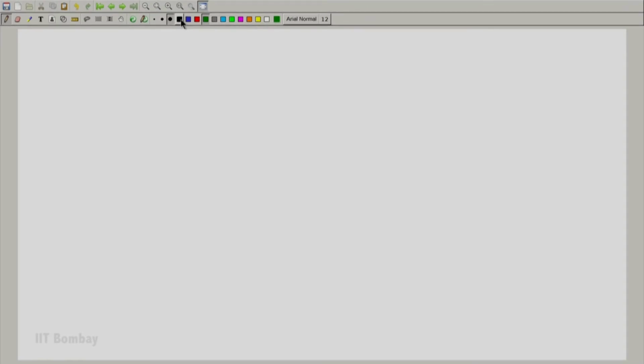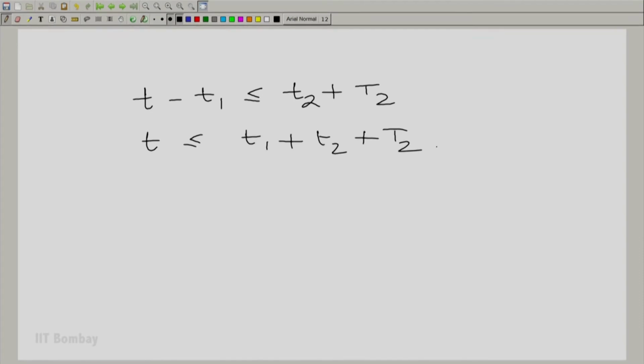So, in what region are we talking about? We are talking about the region T minus T1 is less than or equal to T2 plus capital T2. So, T is less than or equal to T1 plus T2 plus capital T2. And of course, T is greater than the previous case.